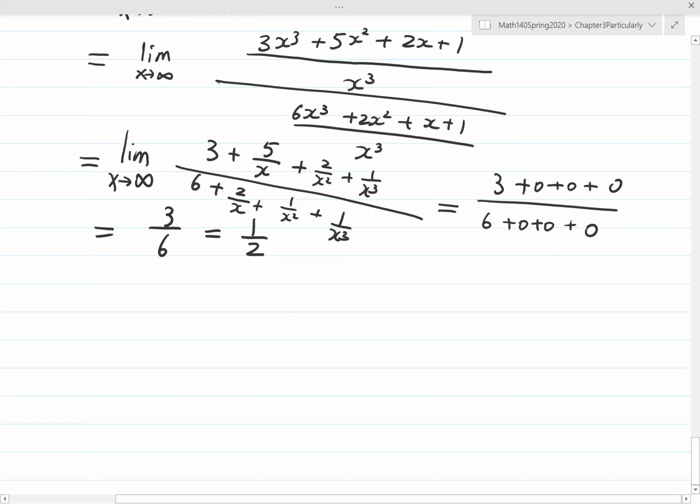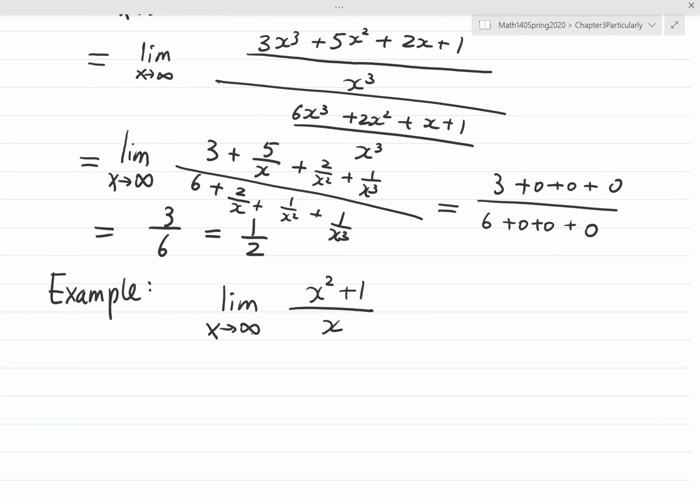Okay, more examples. Now, let's see: x squared plus 1 over x, limit as x approaches infinity. If you split the terms, this is x plus 1 over x.